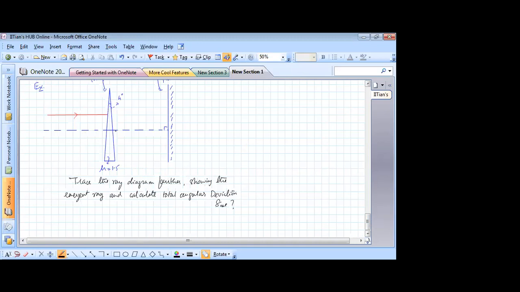This incident ray is parallel to this normal axis. It will undergo a refraction one more time from the prism.